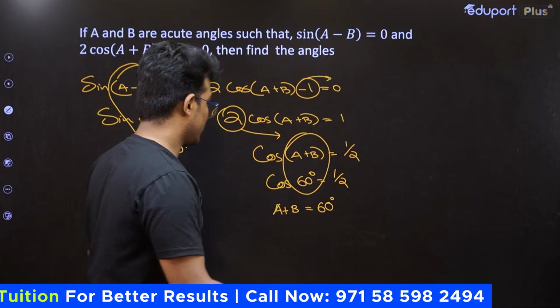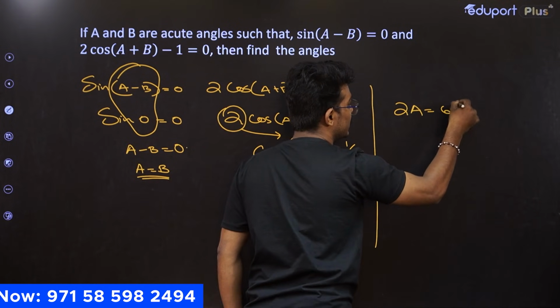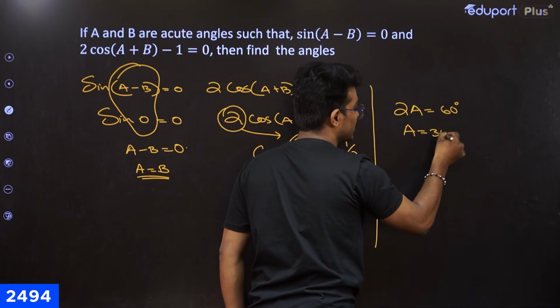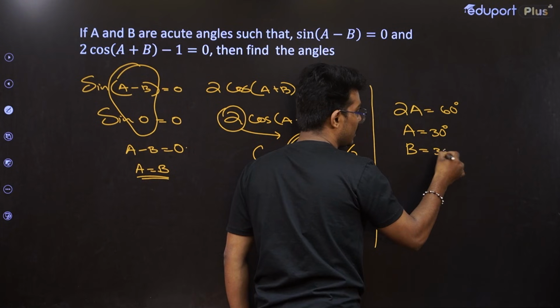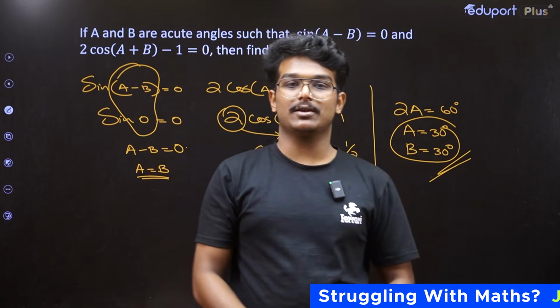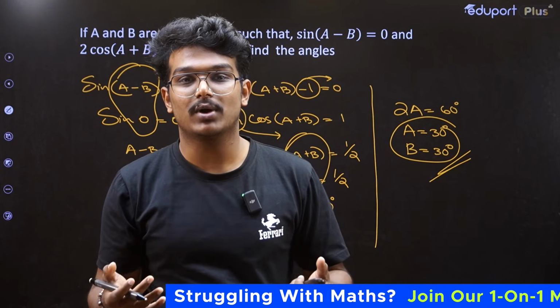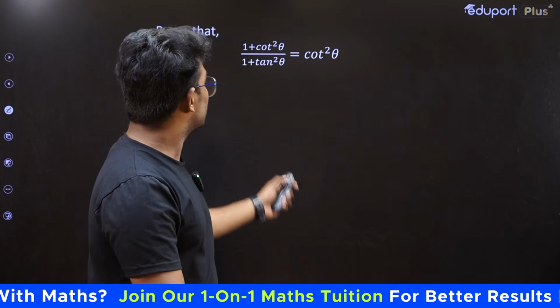So we can write it as 2A is equal to 60 degree, then A is equal to 30 degree. If A is equal to 30 degree, then B is also equal to 30 degree. So this is the answer, the values of A and B. A is equal to 30 and B is equal to 30. Okay, clear. Let's go to the next question here.